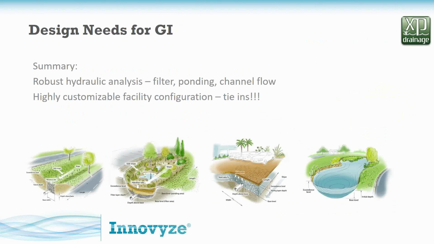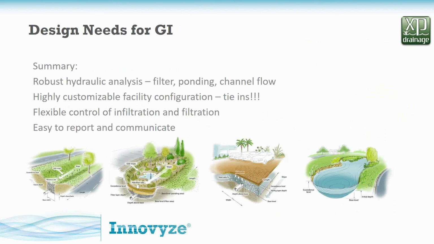Tie-ins, right? You're going to have where systems tie into each other, daylight out. Those are very complex, configured differently on every site. Flexible control of infiltration and filtration is also really important to readily assess.